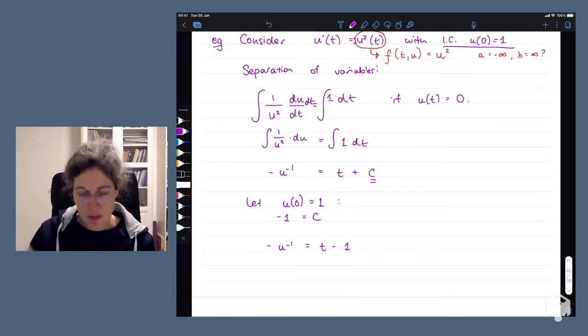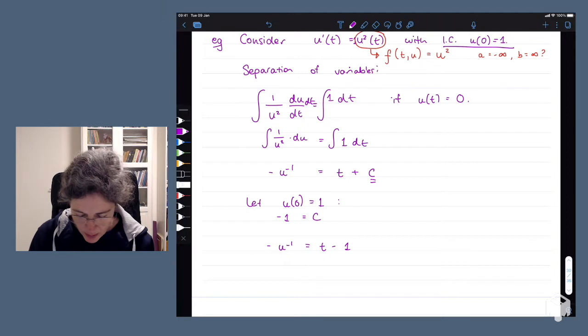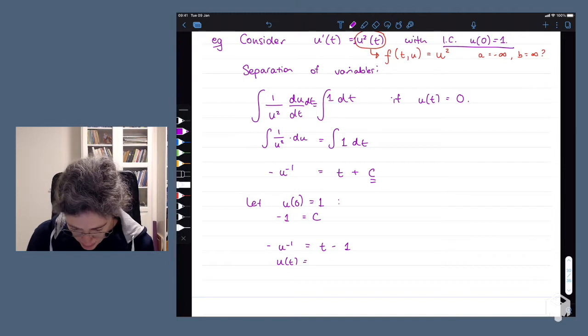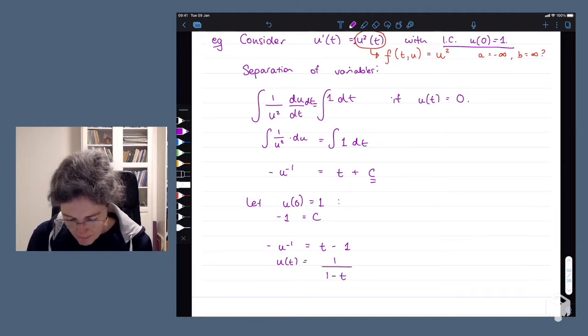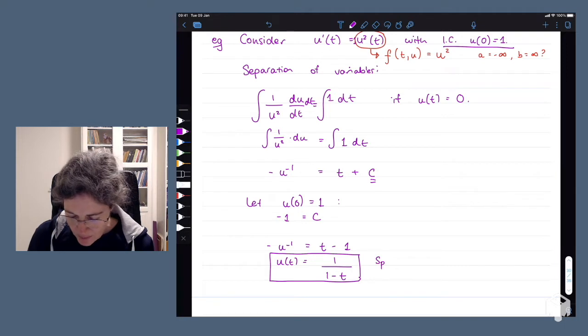And if you do some swapping around and some algebra so that we can write this in the way that we want, we get that u of t is equal to 1 over 1 minus t. Okay, so that's our specific solution.